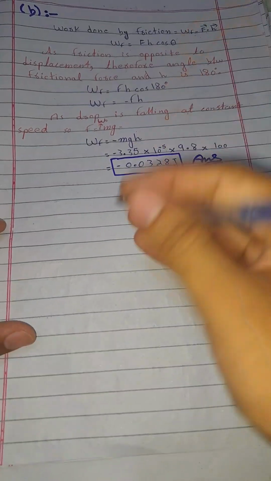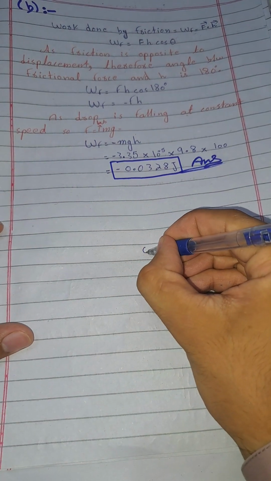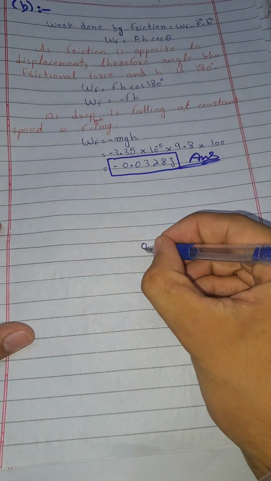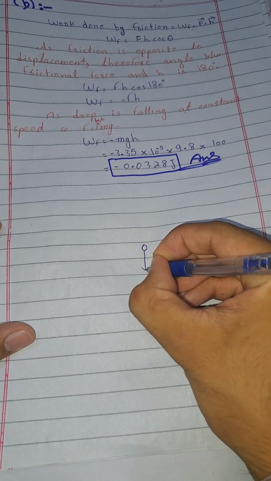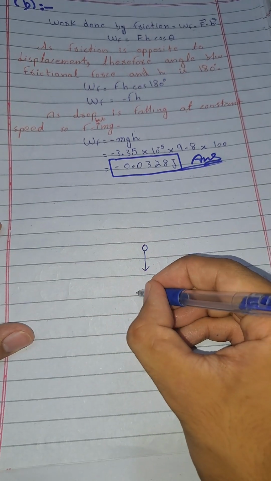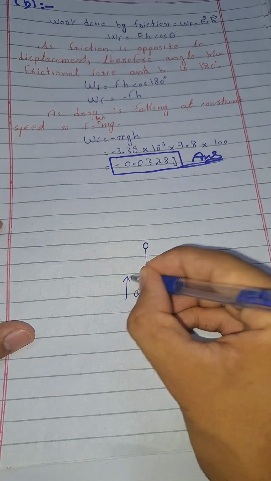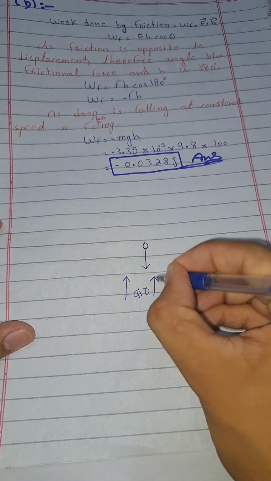See the example here. It is a drop of rain which is falling downward. Air is acting upward.